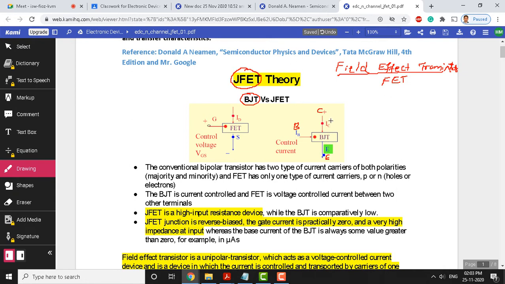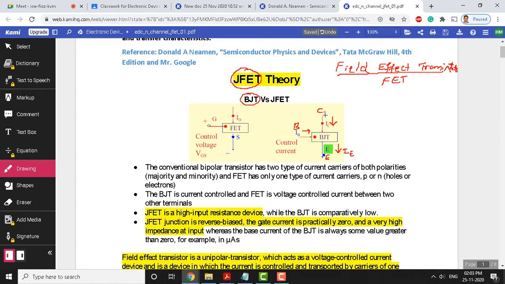Here the collector current is shown in this direction, base current is entering here, and there is an emitter current, which is IE. Totally 3 currents exist in the BJT: emitter current, collector current, and base current. And you can see that this base current can be used to control the current movement from emitter to the collector.